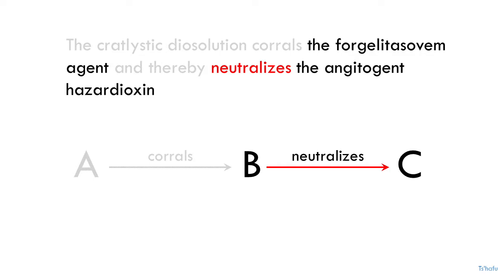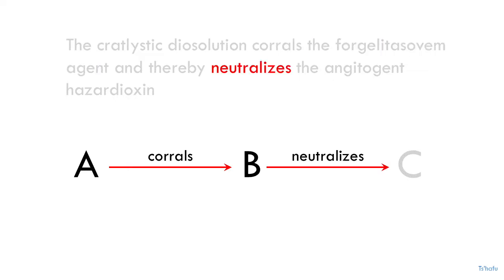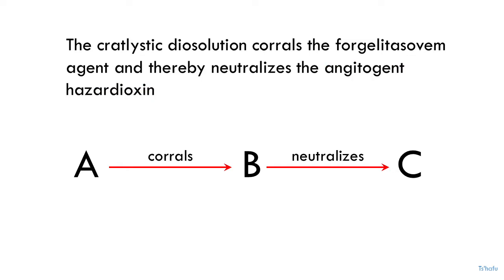And here we have it. We have the second relationship. B neutralizes C. So if we go through this, what we find is this: A corrals B, and B in turn neutralizes C. There you go. What we've just done is go from something that we didn't understand at all to having discovered the underlying structure. What is the actual logic of the argument?